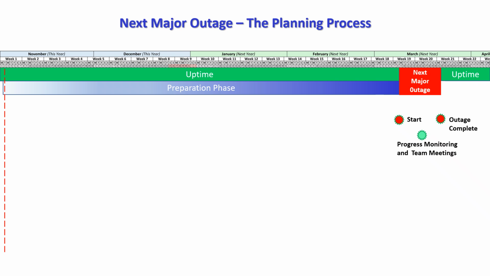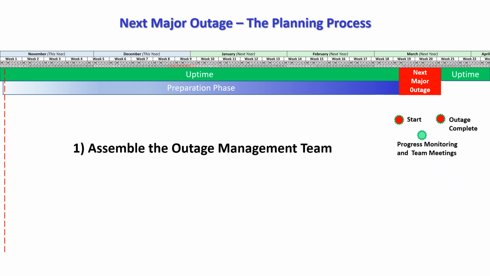But we are going to need more than just the critical path network to have a successful outage. We are going to need to involve other people in the organization as well to help us with the preparation. So the first thing we do is assemble an outage management team.